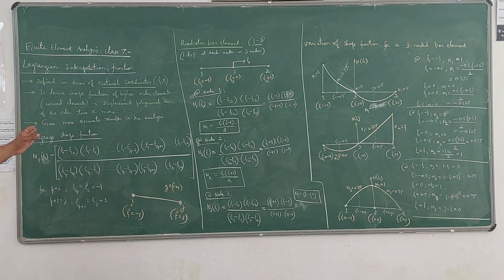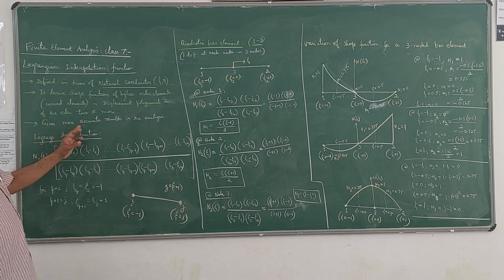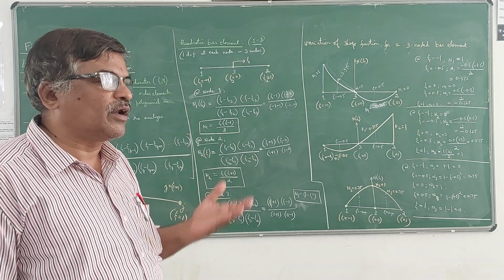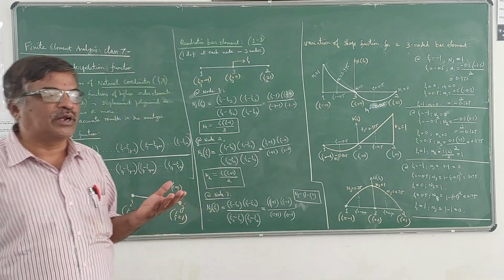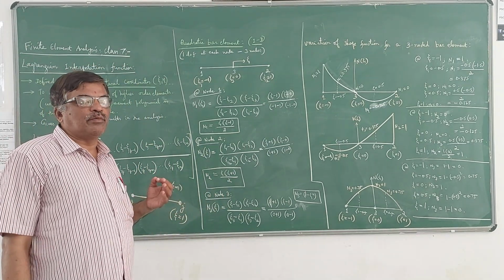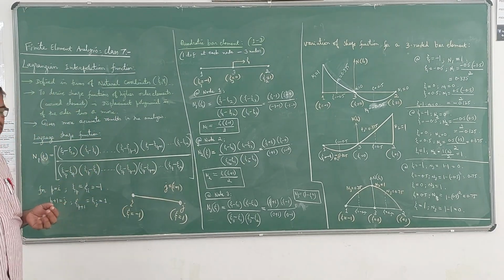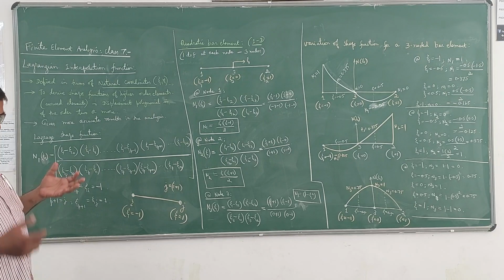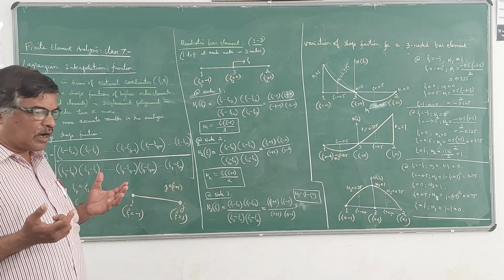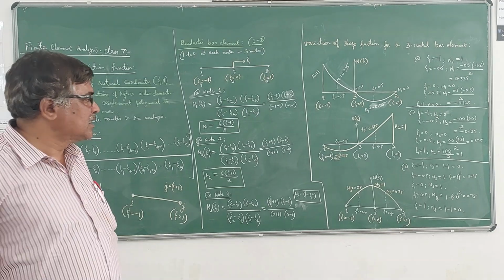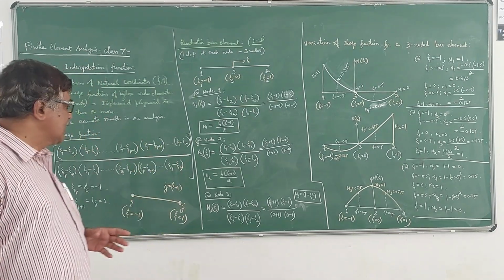This function gives more accurate results in the analysis, because when you go for higher order elements, naturally accuracy will be more, since you are going for finer mesh refinement. So if you want to find the stress at a point or the displacement at a particular point, using higher order elements will give more accurate results.